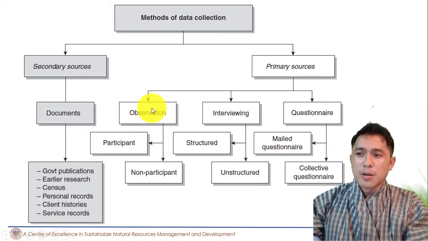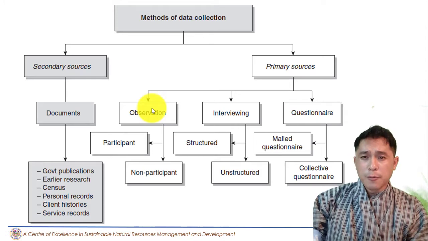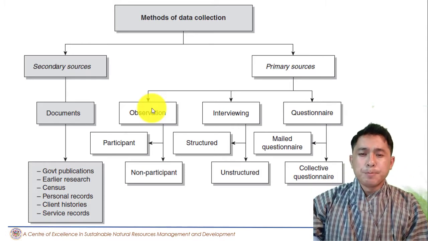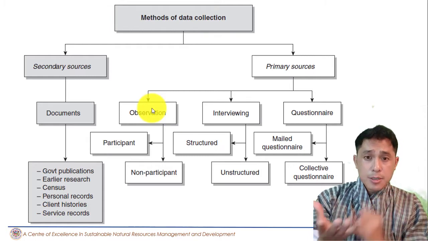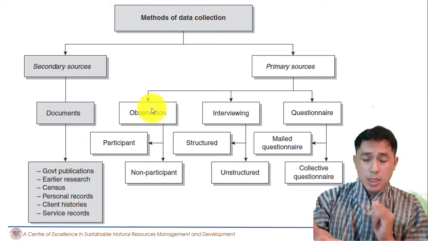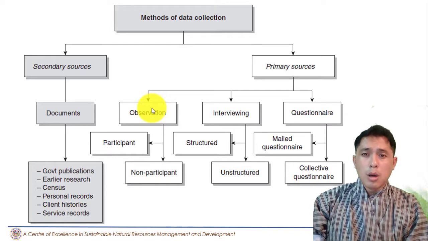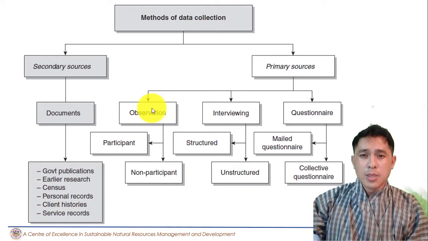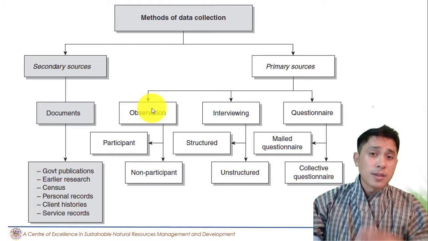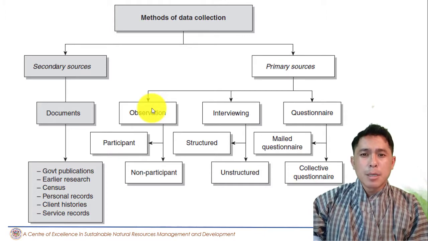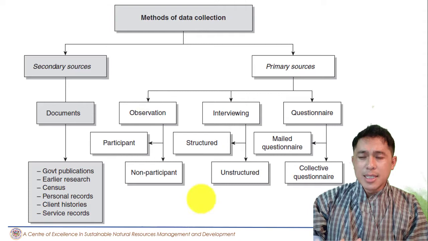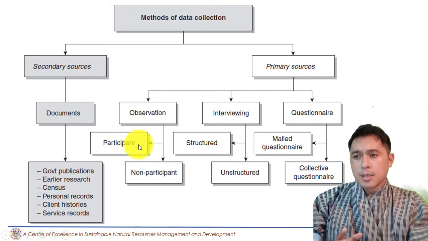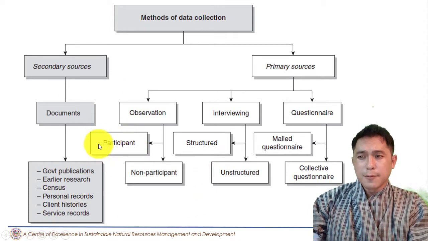So first one is observation, where you are basically observing the respondent, observing the phenomenon, observing the issue, observing the problem, observing the study site, observing the natural environment that you're working with, observing the animal, basically observing your participant or some other thing.